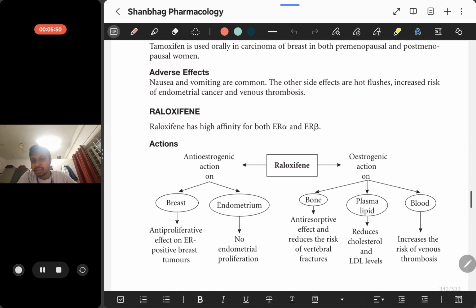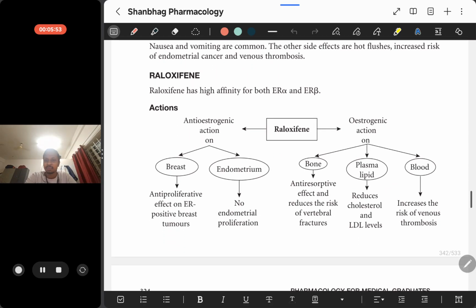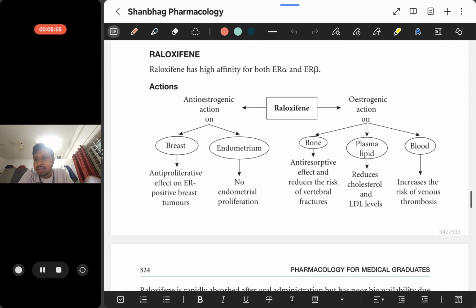Okay friends, now let us go to the second group. It is raloxifene. Raloxifene has high affinity for both ER alpha and ER beta. Since it has high affinity, it has both anti-estrogenic action as well as estrogenic action.